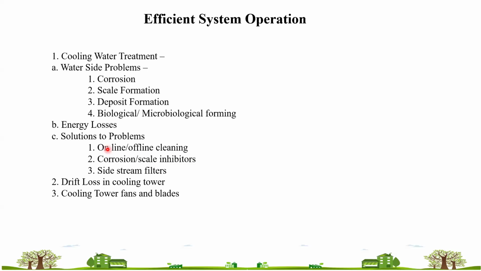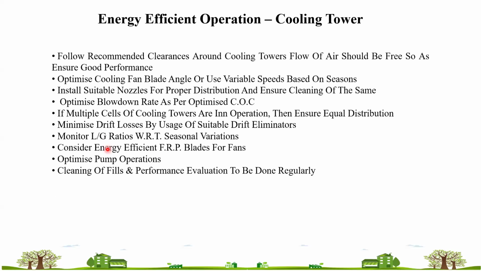But it's a tricky job to control the fan power with the help of cooling basin water temperature. So people are mostly doing automation in this. These are some efficient operations that have to be done in a cooling tower.